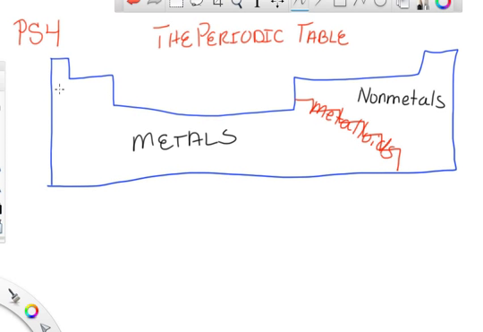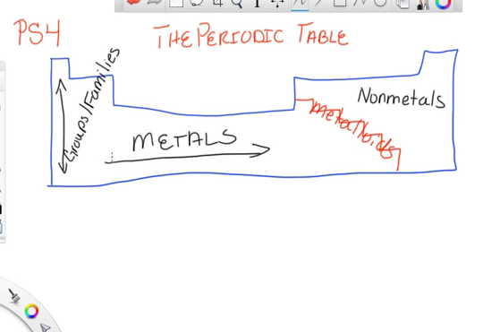Remember that the columns or rows are called groups or families. I'm sorry if I said columns or rows. The columns are groups or families, and the rows, there's 7 of them, these are called periods.